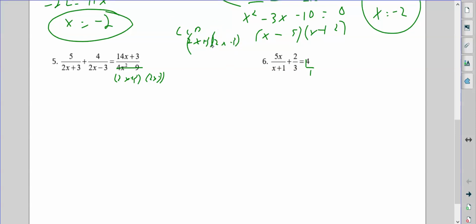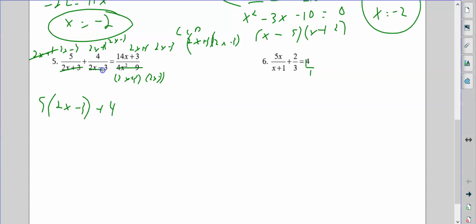So I'm going to multiply every single item here by 2x plus 3, 2x minus 3, 2x plus 3, and sometimes you gotta get creative, because of spacing. Every single item. The first one, the 5, this is going to cancel, leaving me the 5 and the 2x minus 3. Bring it all down.